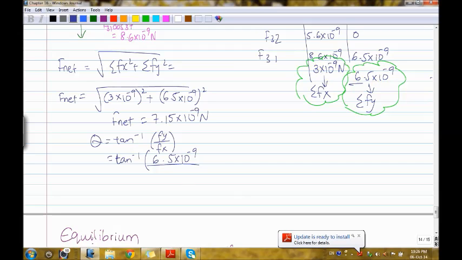So 6.5, this one and this one, over 3 times 10 to the power of negative 9. So the answer would be 65.2 degrees.